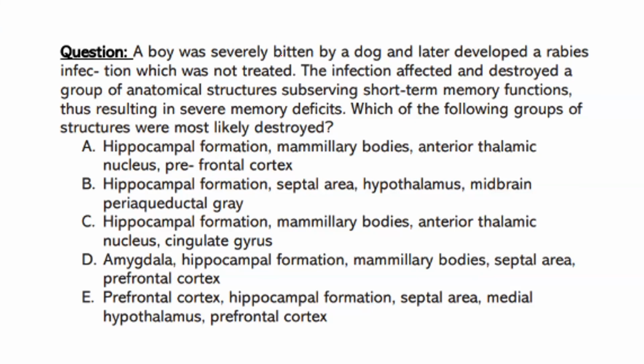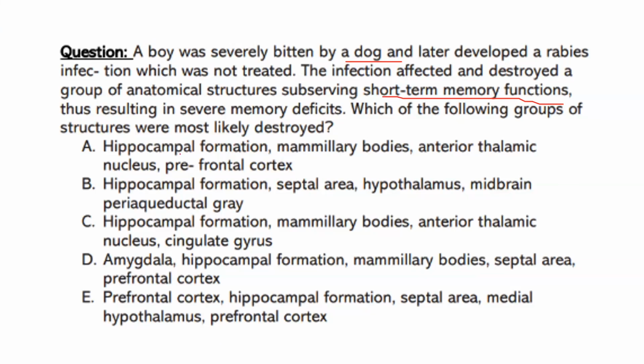We have a boy that was bitten by a dog and later developed rabies, which wasn't treated. The infection affected and destroyed short-term memory functions and resulted in memory deficits. Which of the following groups of structures was most likely affected? The hippocampal formation is a given.